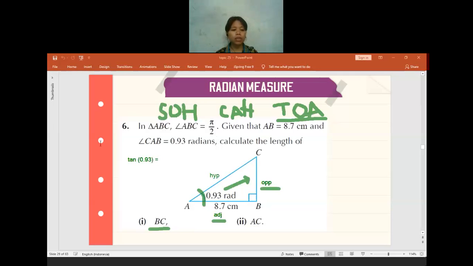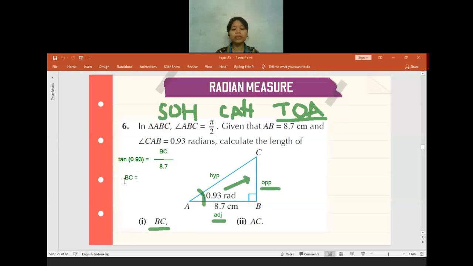Anyone want to help me? O divided by 8.7. Okay, the O we don't know, so I will just write it as BC, because the length that we are going to find is BC. And the A is 8.7. So how do we find the BC? Is it multiplication or is it division?